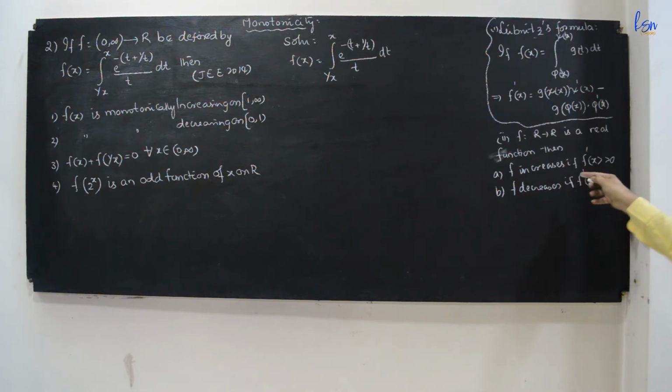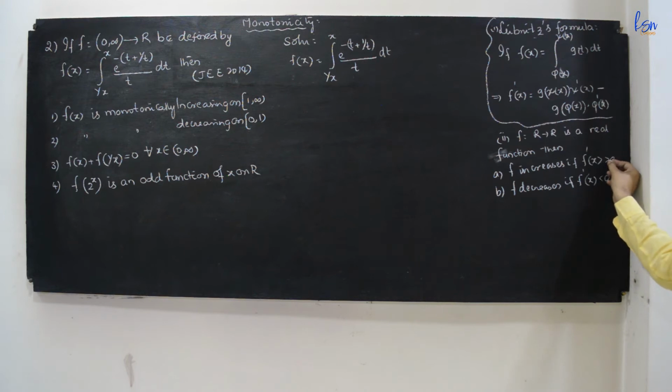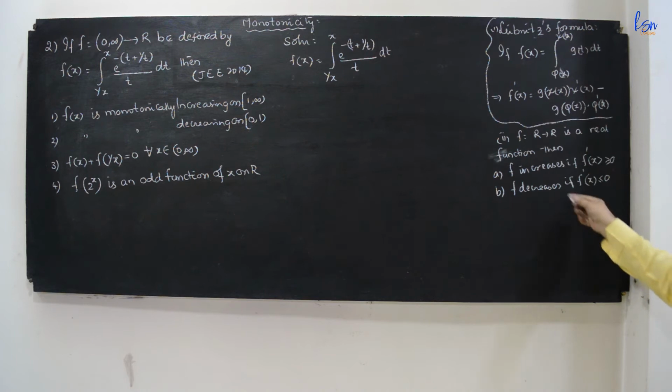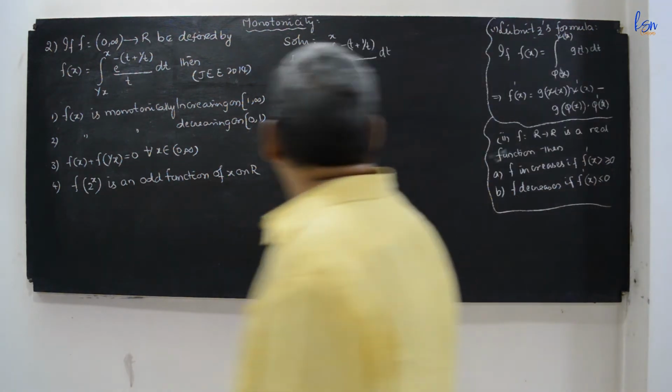You can say strictly increases or decreases. Simply, if you say increases, you can also consider greater than or equal to 0 and less than or equal to 0. If greater than 0, it is strictly increasing, and if less than 0, it is strictly decreasing. So you can apply that here.